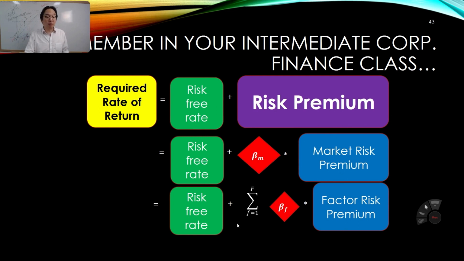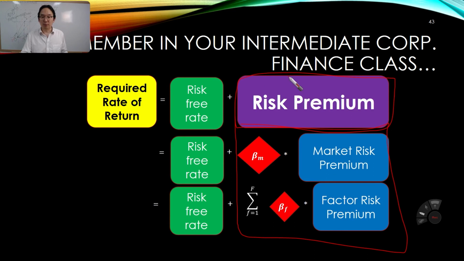And then if you go through multi-factor models, you have other factors included: market, size, book to market, and momentum, and many different factors, right? That's nothing but decomposing this risk premium in different economic models, right? But for now, what you have to remember is this risk premium part, which is this purple part as a whole, okay, this part.